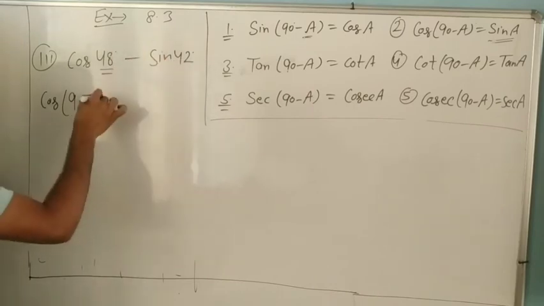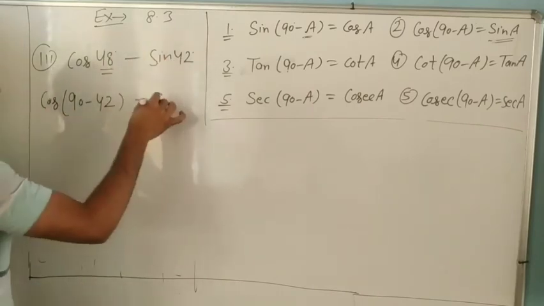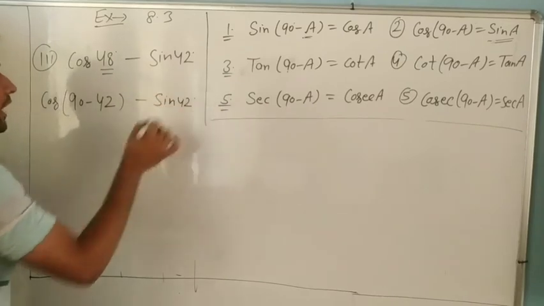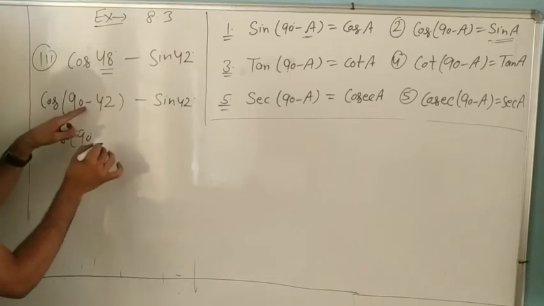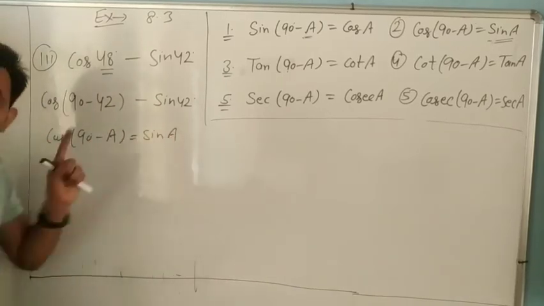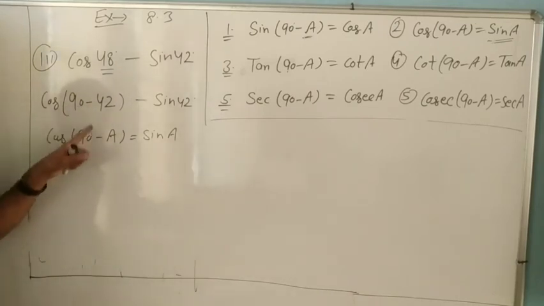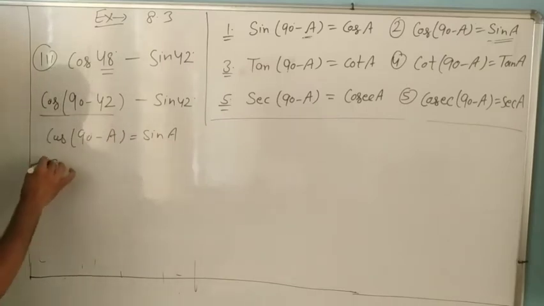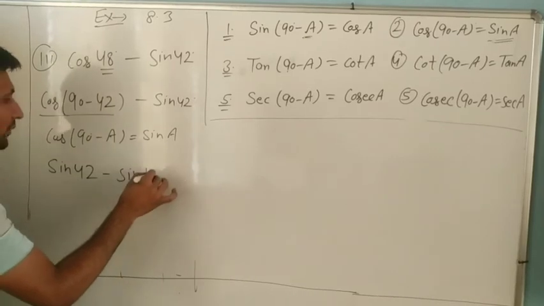This angle, 42. 90 minus 42 is 48, minus sin 42. Now you will write cos 90 minus A is equal to sin A. You will write the formula in the question. So it becomes sin 42 minus sin 42.